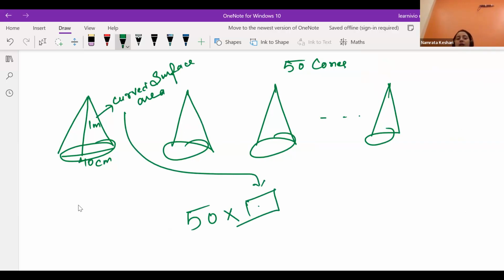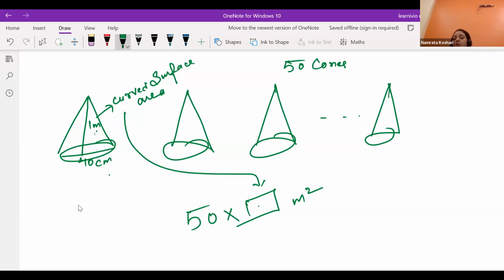That is the total area. Now we have to find the final cost. For 1 meter square the cost is given, so we multiply the area in meter square by the cost to find the total cost. Be careful, there are 50 cones and meter and centimeter, so please maintain it in meter square because the cost is given in meter square.